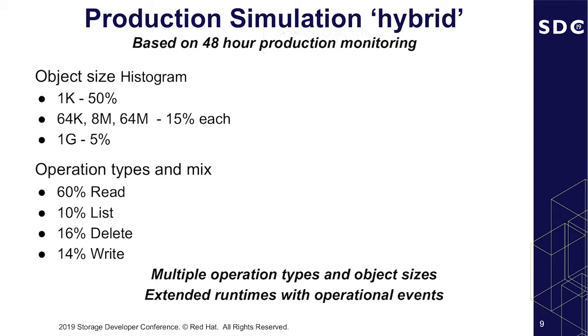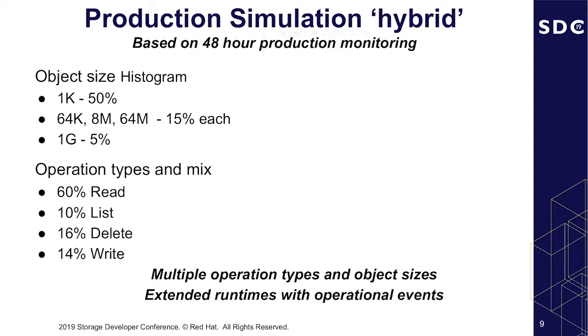Do you use the same operation type and mix for each one of the object sizes? So in Koz Bench, you're allowed to specify, literally give it a histogram of object sizes. And so that histogram is randomly applied to each of the operation types.